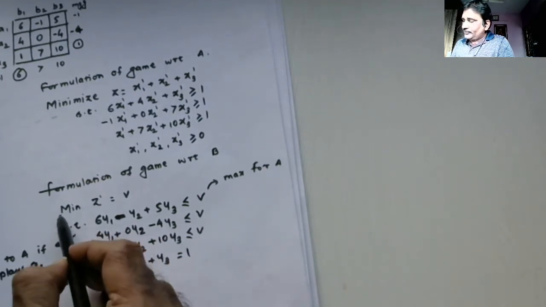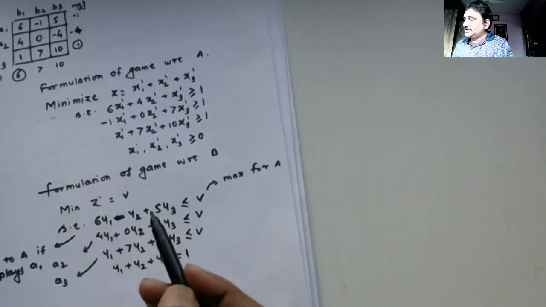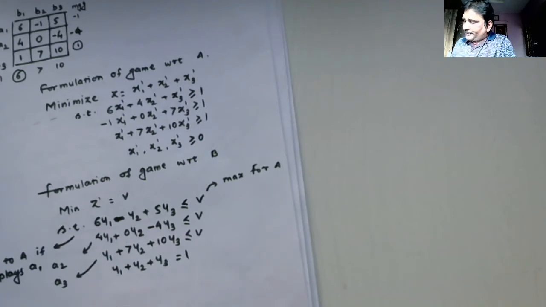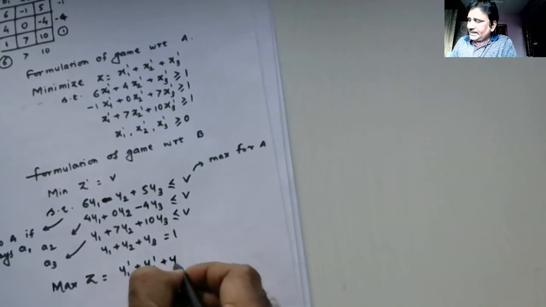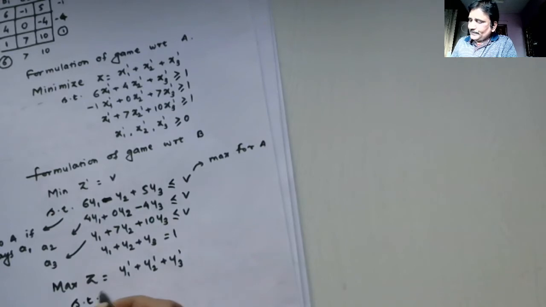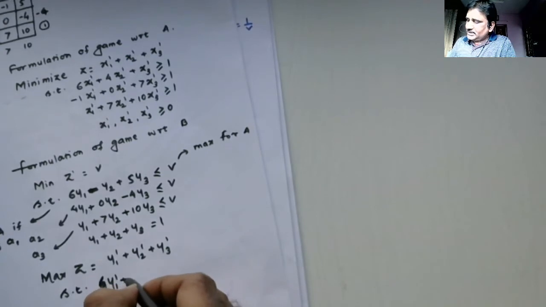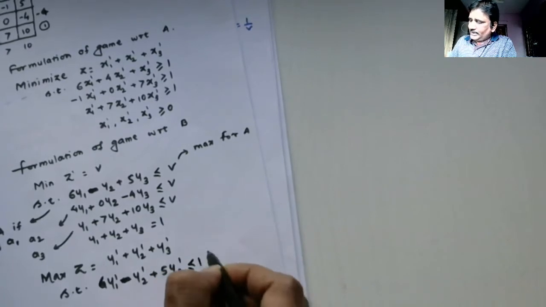So what we do, we change our objective function from minimize to maximize. Maximize z will be equal to 1 by V. Therefore our formulation will become: maximize z equal to y1 dash plus y2 dash plus y3 dash, subject to 6y1 dash minus y2 dash plus 5y3 dash less than equal to 1.